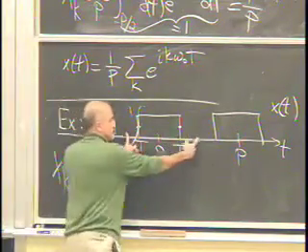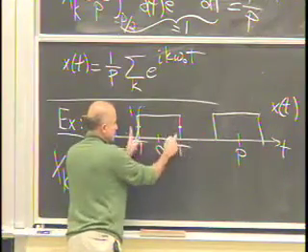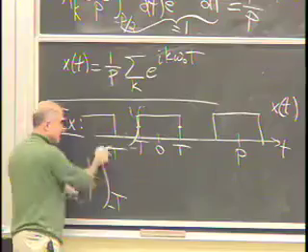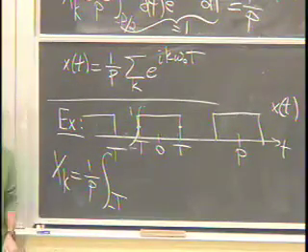I'm going to pick this interval, minus p over 2 to p over 2, but it's 0 everywhere except this contiguous interval, minus t to t. And in that interval, the function is 1.